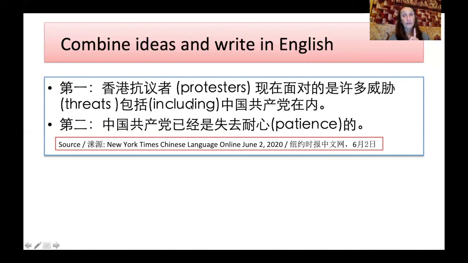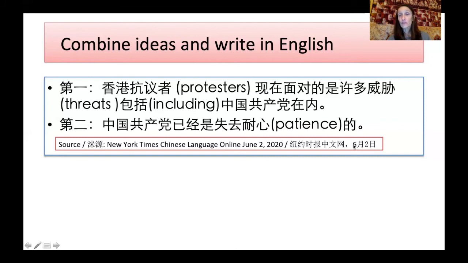So that's one idea. And then the second is 中国共产党已经失去耐心了. Okay, and 耐心 in English is patience.